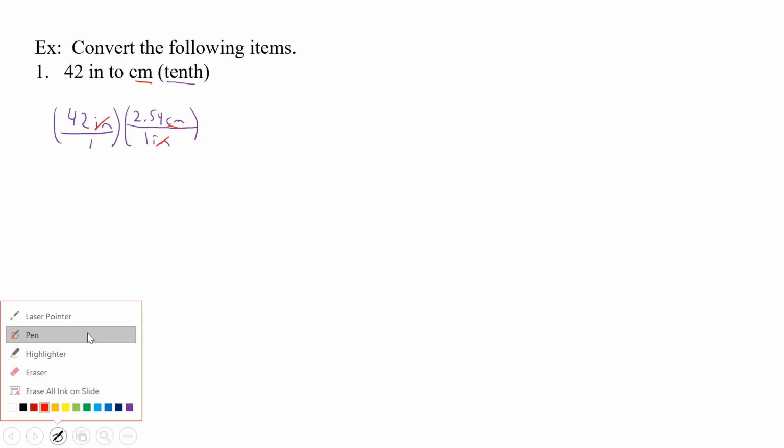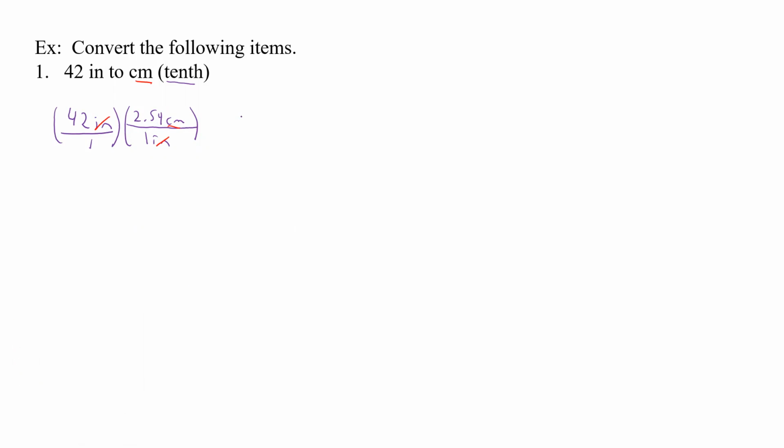Okay, so going back to that, all we have to do is take 2.54 times 42. So 2 times 4 is 8, 2 times 5 is 10, 2 times 2 is 4, plus 1 is 5. Now 4 times 4 is 16, 4 times 5 is 20, plus 1 is 21.